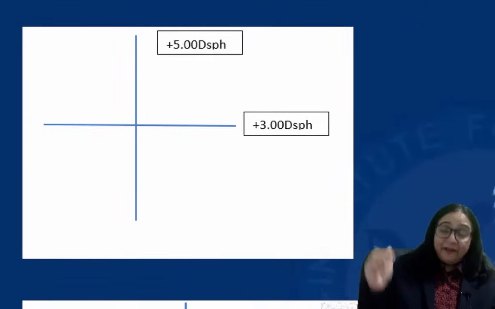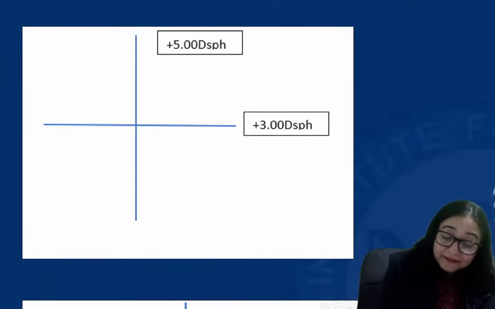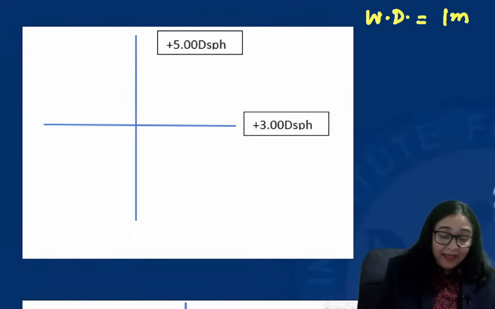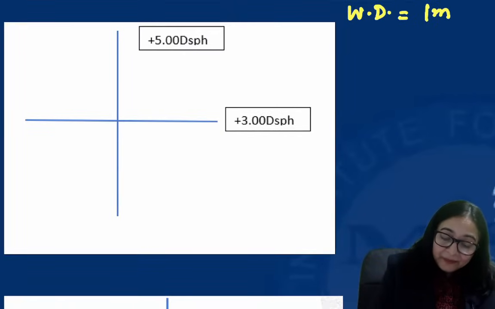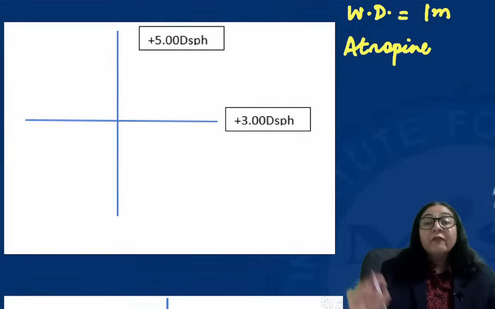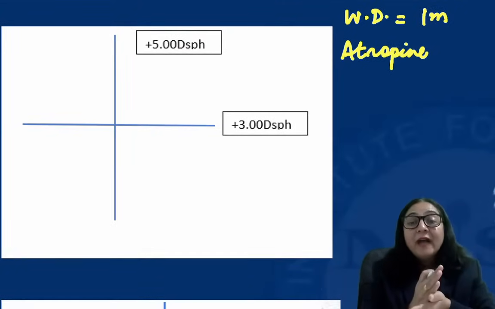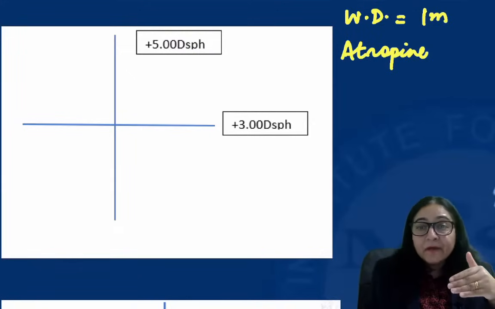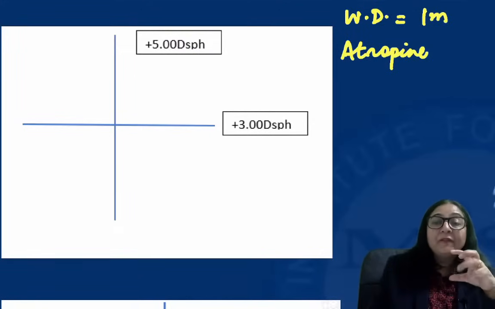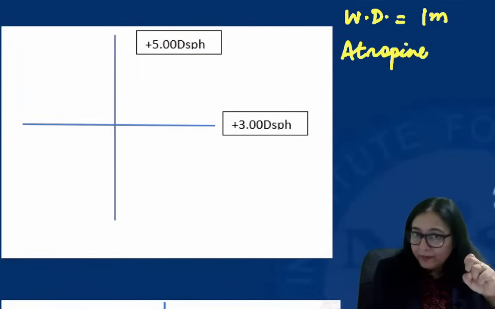So this is the scenario, and your question has described that the working distance is 1 meter and this retinoscopy has been done under atropine. Okay, so to give a glass prescription you have to correct for the working distance and you have to apply correction for the cycloplegia.